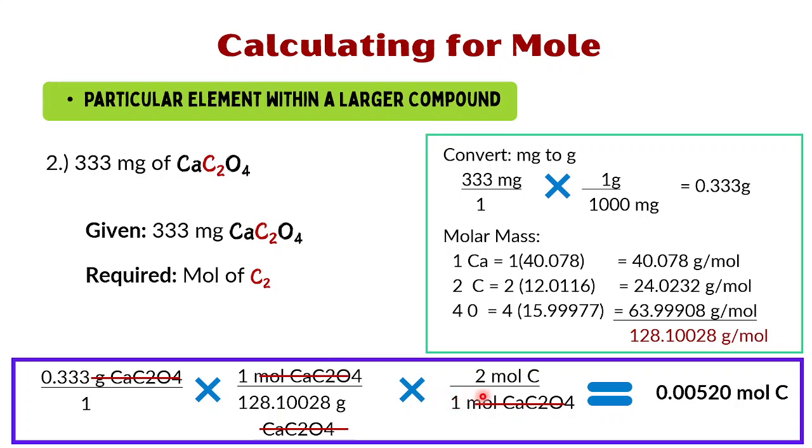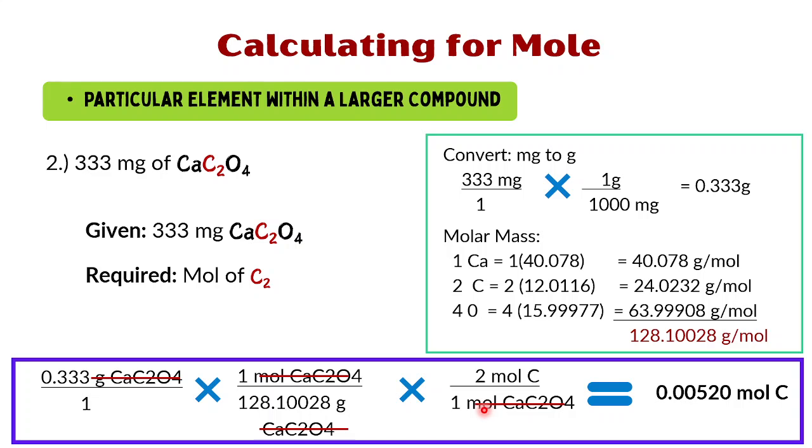And as you can see there, by just looking at the chemical formula, for every 1 mole of calcium oxalate, there are 2 moles of carbon. No? Like, class, we really need to understand the ratio: how many atoms are in this compound, how many grams, how many moles.